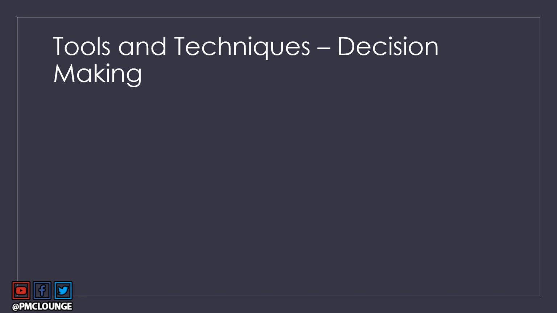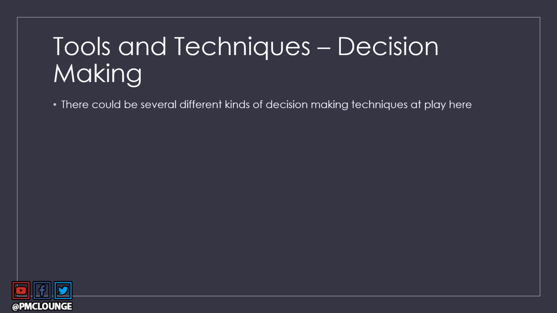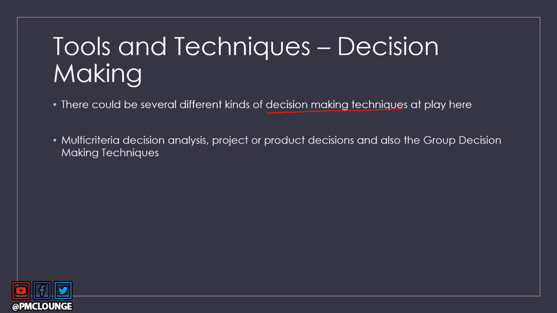All right, the next tool is decision making. And again, just like data gathering, this is also what it sounds like. There could be several different kinds of decision making techniques though. Some could be multi-criteria decision analysis. That means you base your decision on several criteria.